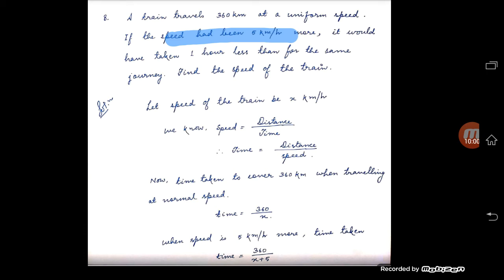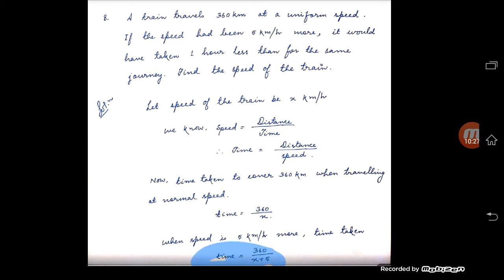So the new speed is 5 kilometer per hour more, that means x plus 5. So the new time will be 360, distance divided by speed, x plus 5, which is 5 kilometer per hour more according to the question. Now, this condition says that if the train had been traveling at a faster speed, this time would be 1 hour less.